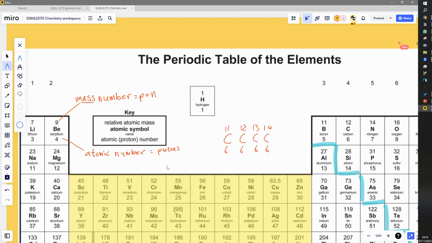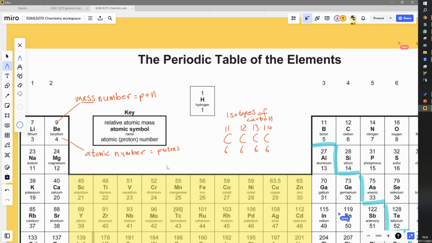So if this carbon 11, for example, has 6 protons, then it must have 5 neutrons, because the neutrons and the protons added together have to add up to 11. So these are all isotopes of carbon. And you can see that they all have the same number of protons.